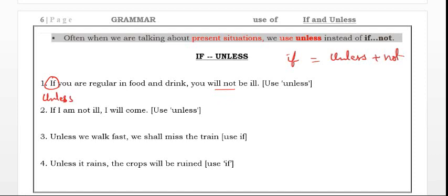Now, if you are regular in food and drink, you will not be ill unless you are not regular in food and drink, you will not be ill.